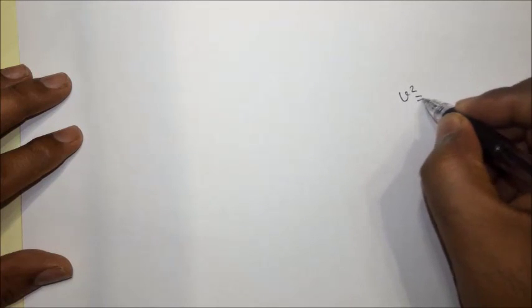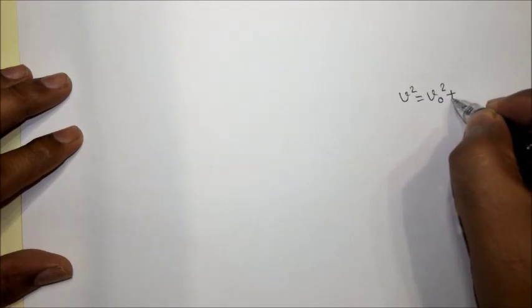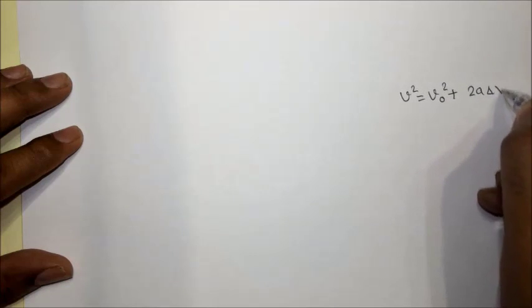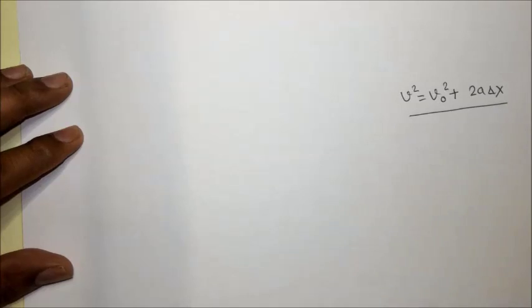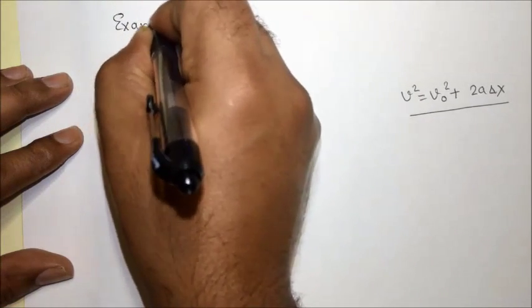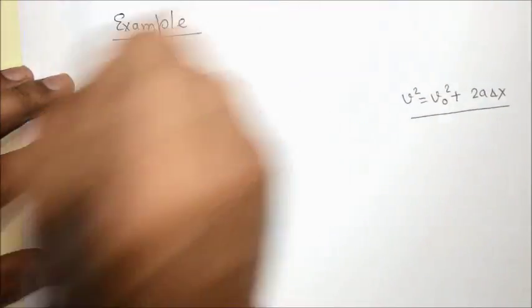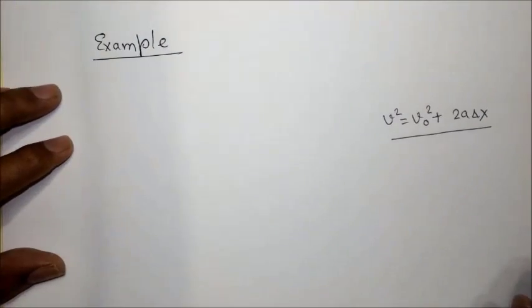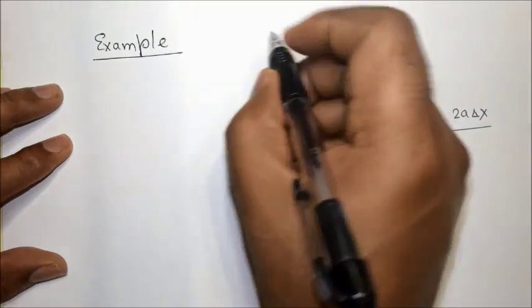Let's do one more example where we can use the formula V final square is equal to V initial square plus 2a delta x. Suppose there is a car.